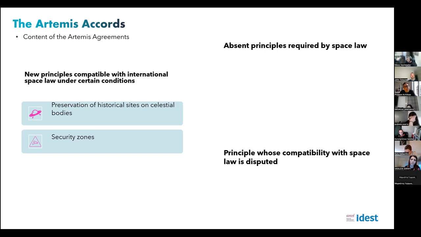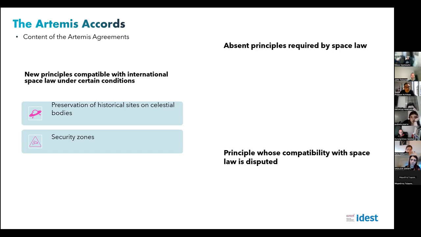So in order to implement security zones without violating the principle of freedom of movement on celestial bodies, there must be some procedures by which you can organize the protection of a zone without restricting the movement of vehicles or astronauts of other countries.